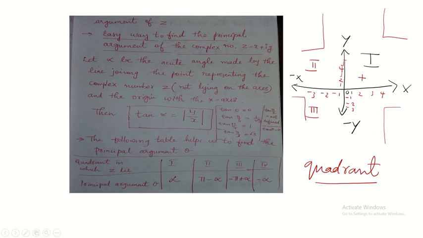In the first quadrant, you can see that the x-axis is positive, and the y-axis is also positive. So in the first quadrant, x and y are positive. In the second quadrant, you can see that the x-axis is negative, -1, -2, -3, etc., and the y-axis is positive. So here x will be negative, y will be positive in the second quadrant.